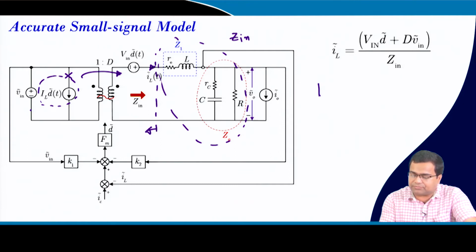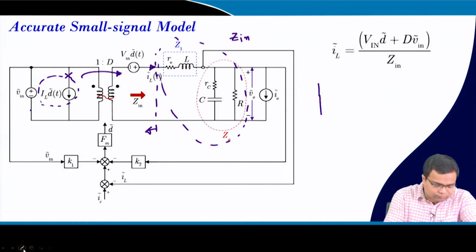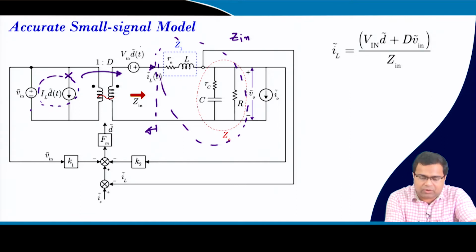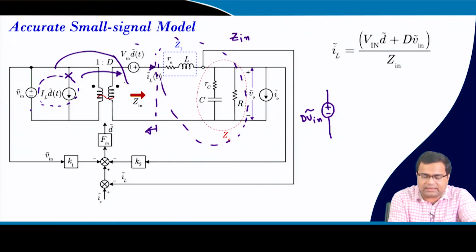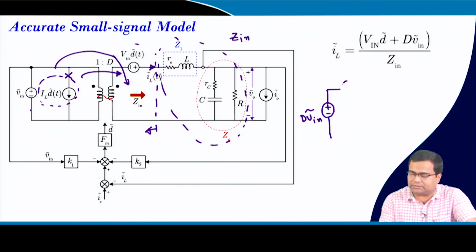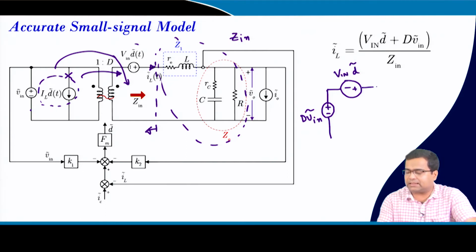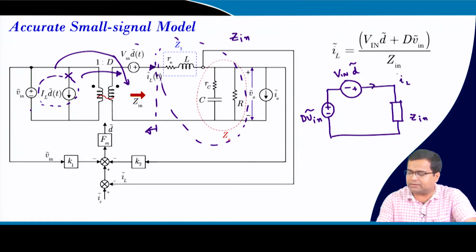So, we have one source here, that means this is our D into Vin, which is the mapped one on this side, right. Then it is in series with Vin into D perturbation, and this has an overall impedance of Z1, Zin, and this is my current expression.